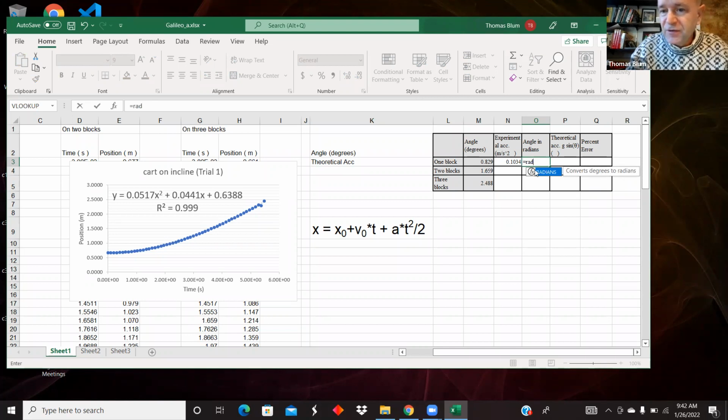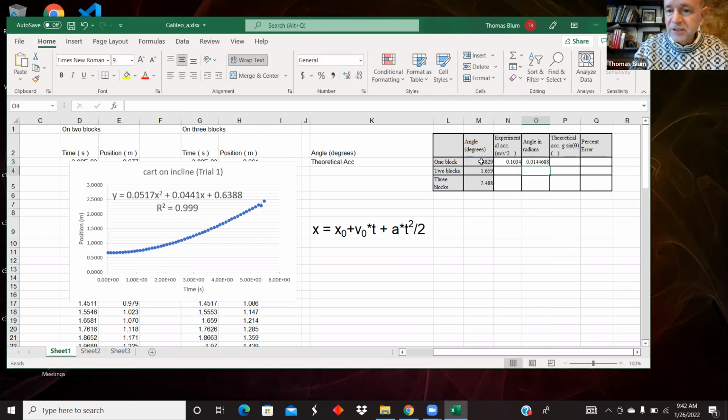So there's a radians function, which will convert angles in degrees to angles in radians. So here is the angle in radians using the radians formula of Excel.